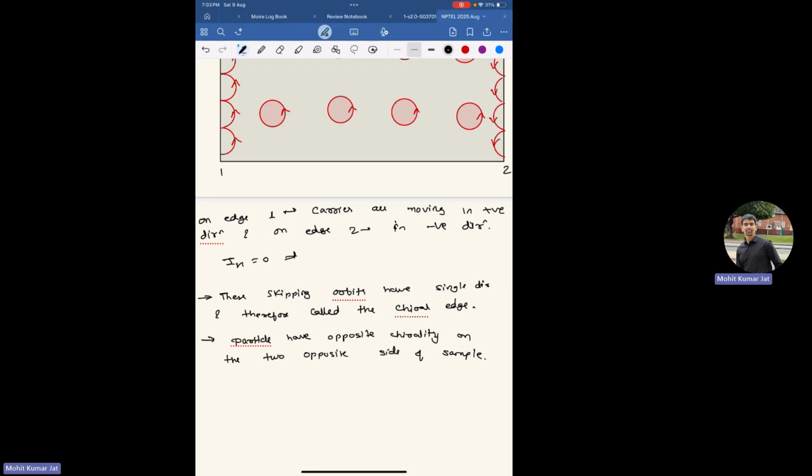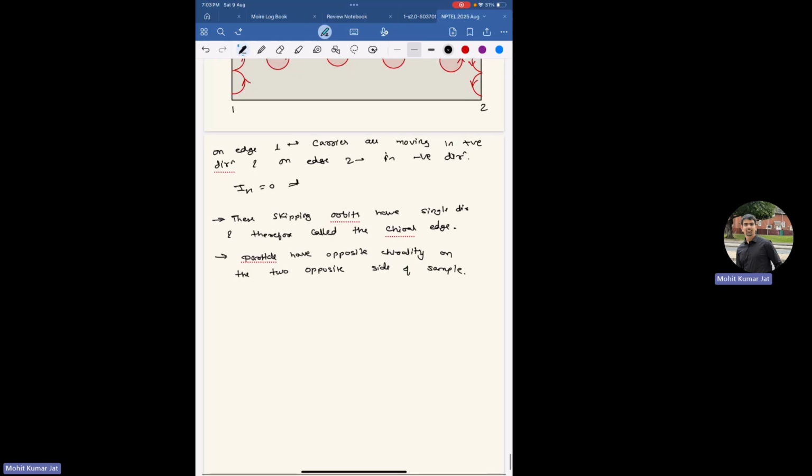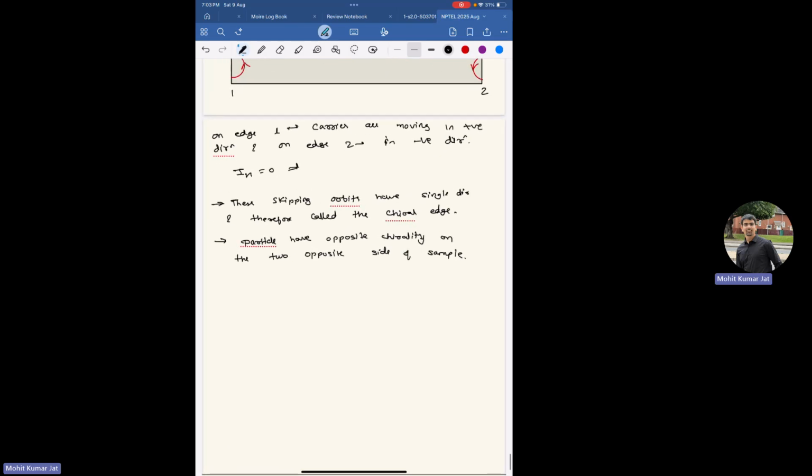Now we will show how this edge mode appears in the quantum theory. The edge of the sample is modeled with a potential which rises steeply, as shown in the figure. So if I draw the edge potential, inside the sample it will be a constant, and outside, since the particle cannot exist, it will have to diverge.